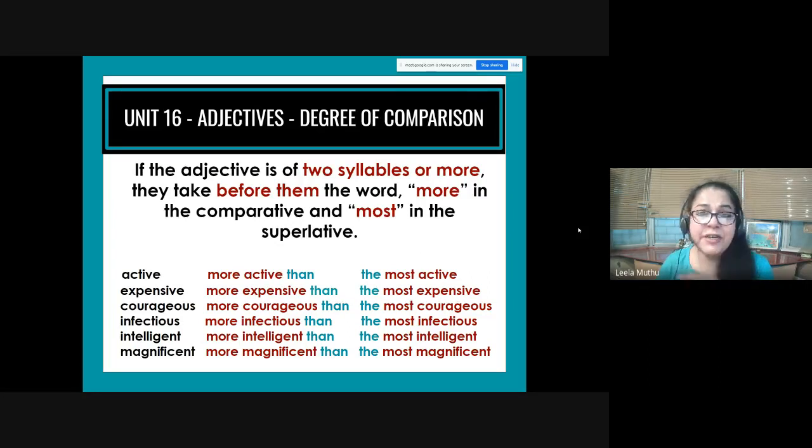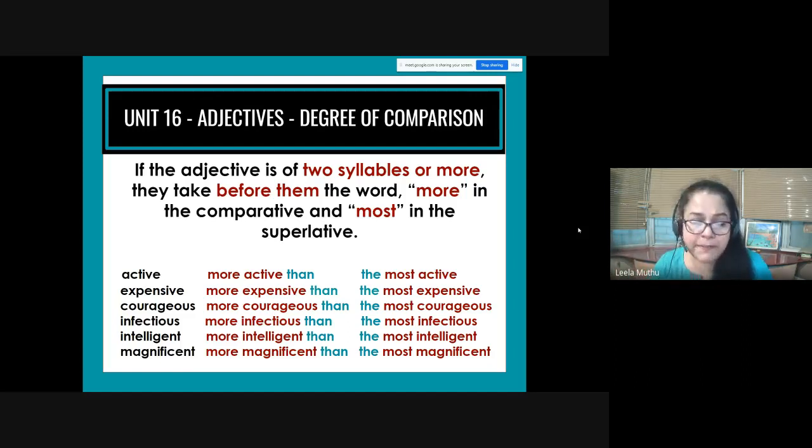Now, I remember I told you about single syllables and many syllables, the sounds they give. Sometimes adjectives which have two syllables also still follow the usual rule: er in the comparative and est in the superlative. But on average, most words which have two syllables or more, we use more in the comparative form, so more dash than, and in the superlative we say the most dash.